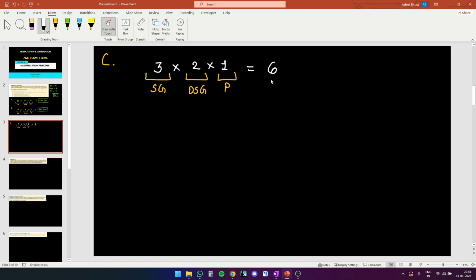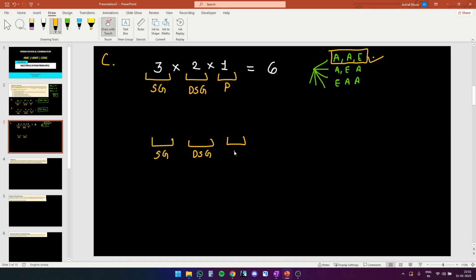Now once we have selected the continent, for example, it could be Africa, Europe, Asia, or Europe, Asia and Africa. So there will be 6 different choices like this, and out of those we'll select one of them. Let's say I have selected the example where secretary general is from Asia, DSG is from Europe, and president is from Africa.